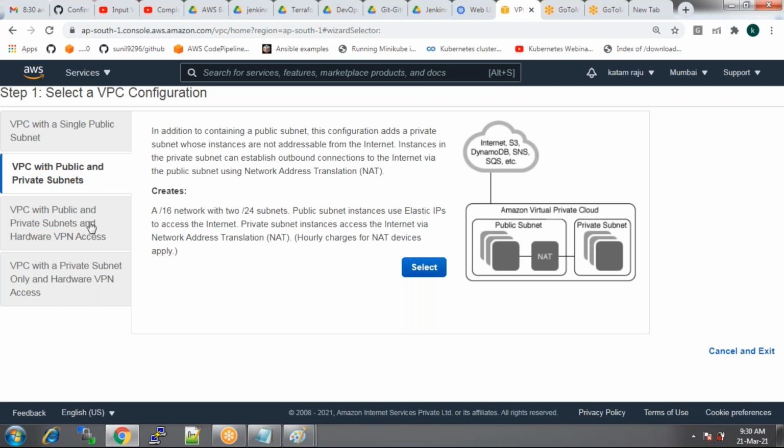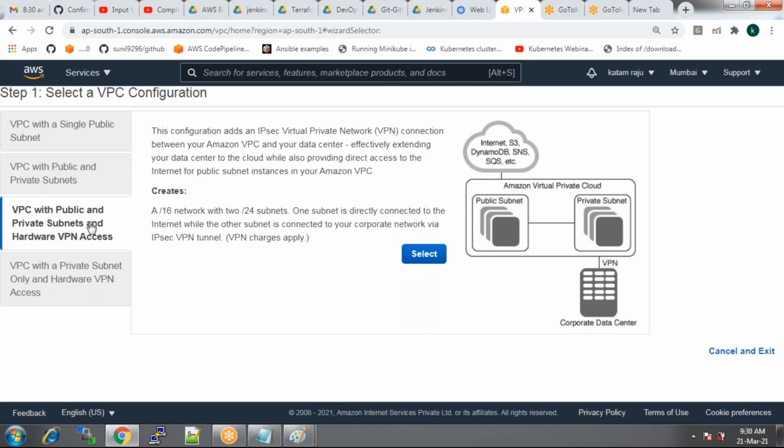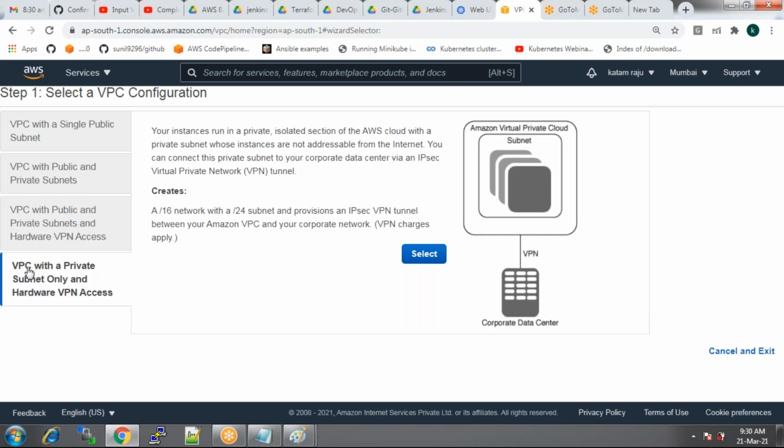But what's the difference between second and third? VPN users only. And the same for the fourth one: VPC with private subnet only, but VPN users. So we can have these four types of scenarios when you create a VPC. Okay.